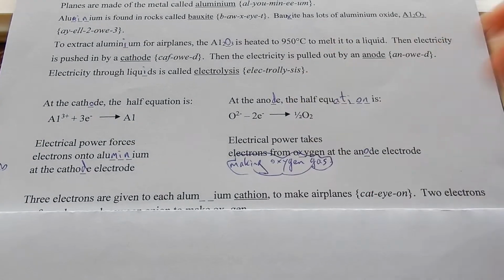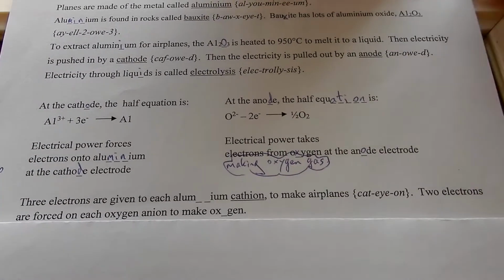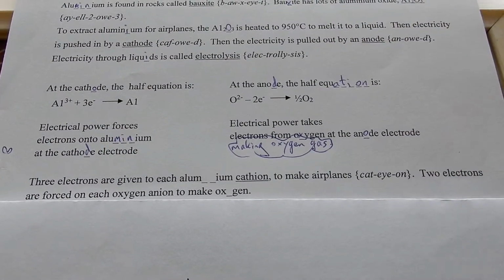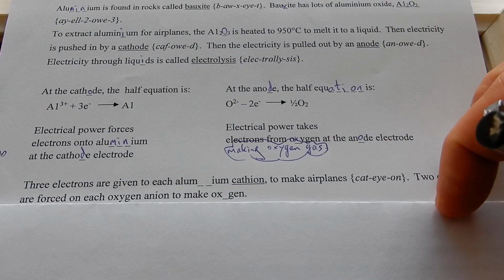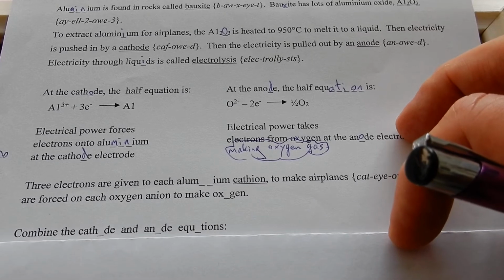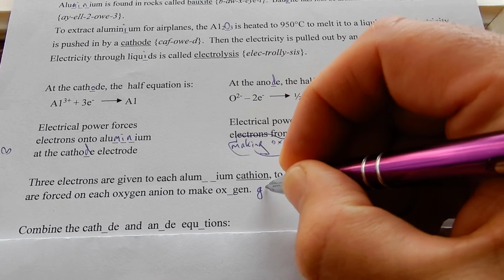Let's check, make sure that does work. 3 electrons are given to each aluminium cation to make aluminium. 2 electrons are taken from each oxygen anion to make oxygen gas.